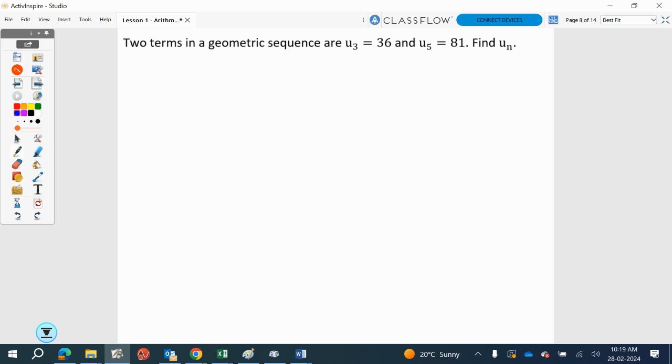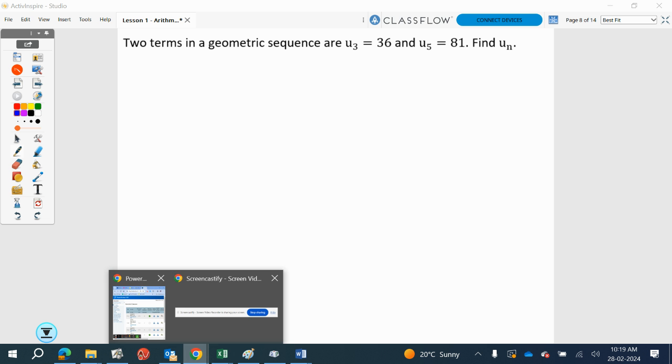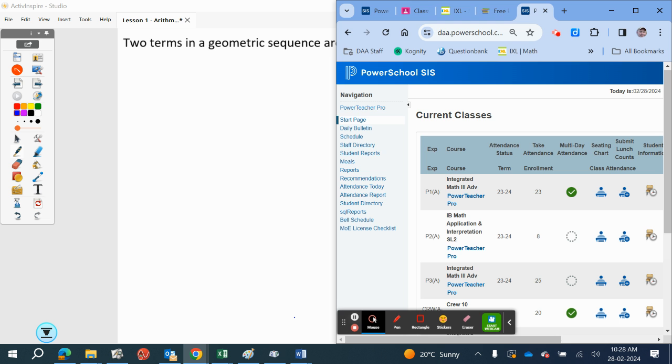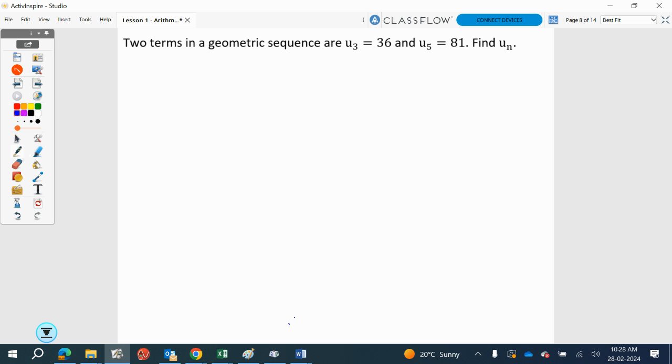There's a trick here. I can put a landmine in it. So, if you want U5 and you're at U3, you need to multiply by R and then multiply by R again.